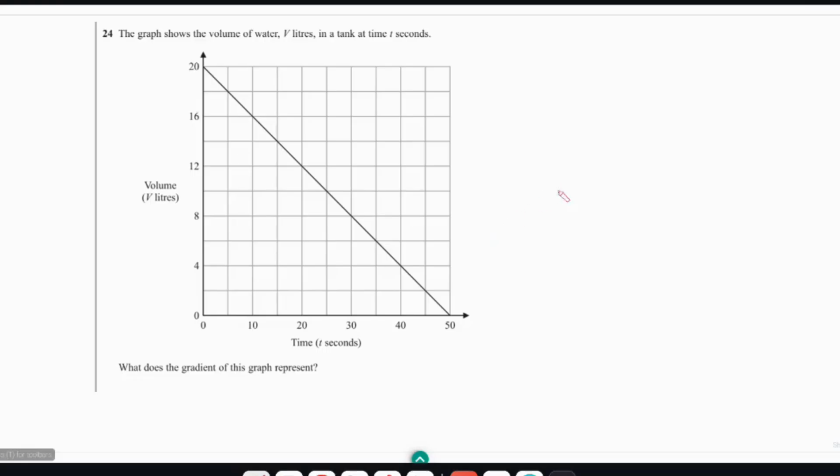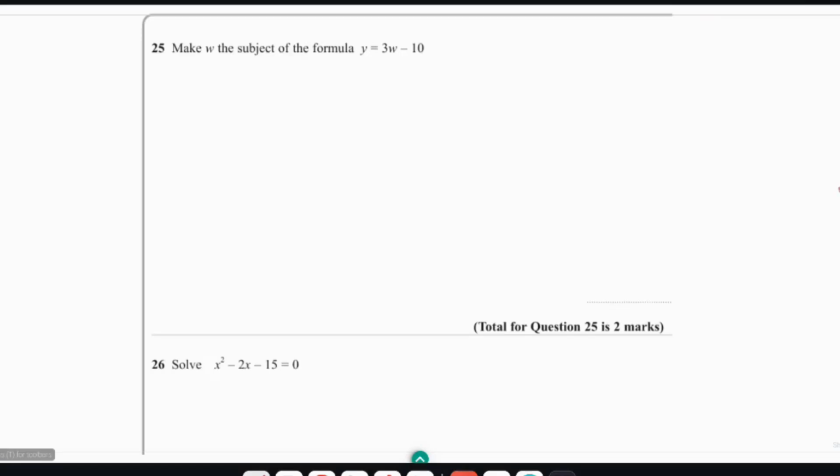I'm just going to see what the mark scheme accepts here. And so they've also gone rate of change of volume, the rate of water poured, speed of pouring water out from tank, how fast the water is being used, amount of water decreasing in the tank each second. Any of those would be fine.